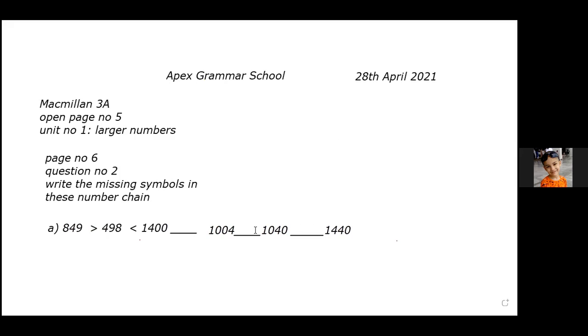This is a number chain that I write in a line in part A. Now they are saying write the missing symbols. Here you can see these are 3 empty boxes. So we are going to write the missing symbols. You can see here this one is 849, which is bigger than 498.